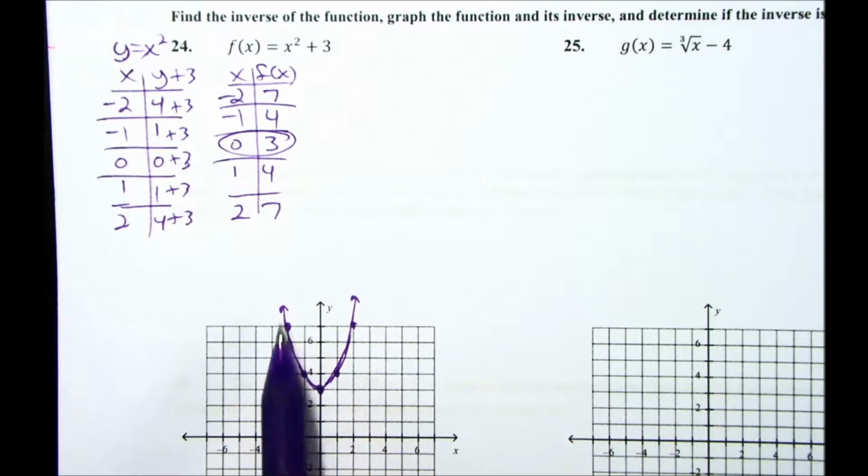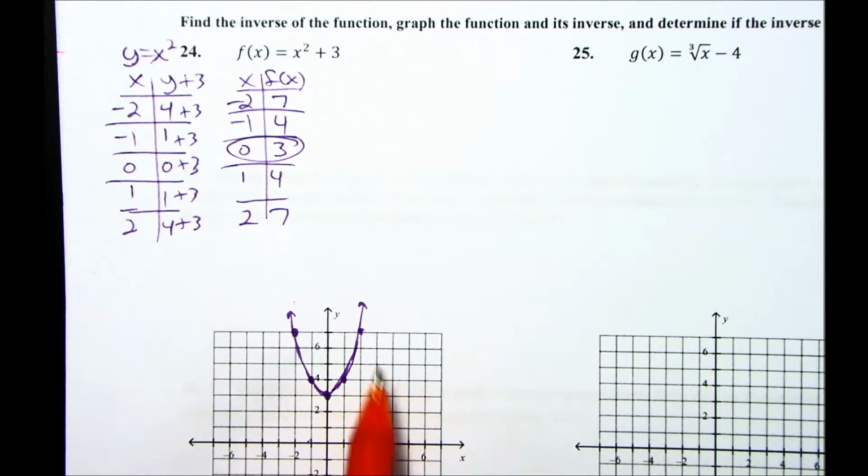A parabola is a function. If we were to do a vertical line test, we would only cross one point. However, we can already tell that the inverse is not going to be a function, because if you were to do a horizontal line test, it would cross more than one point.